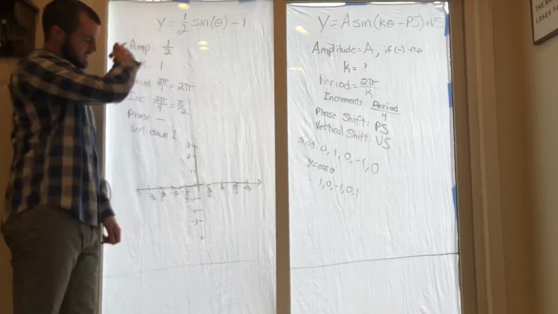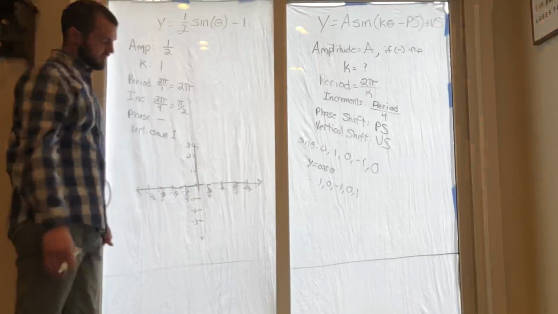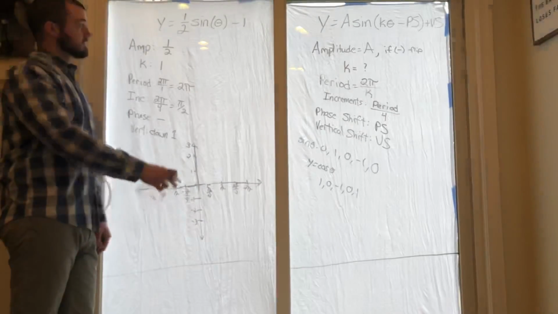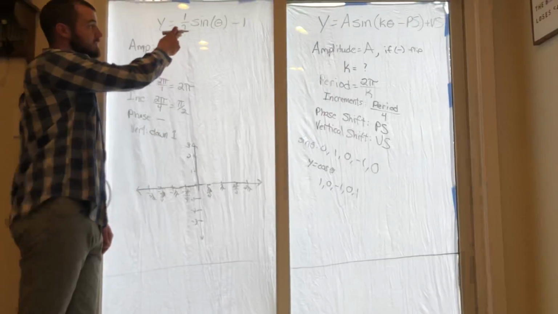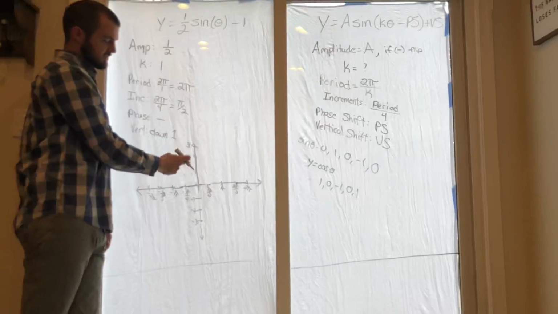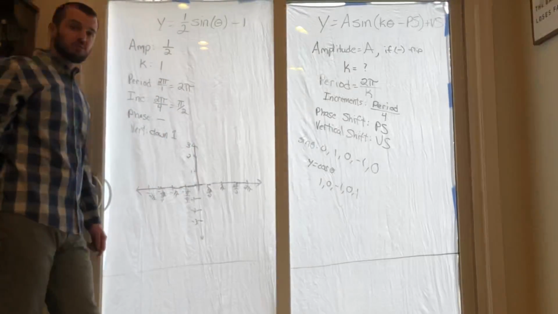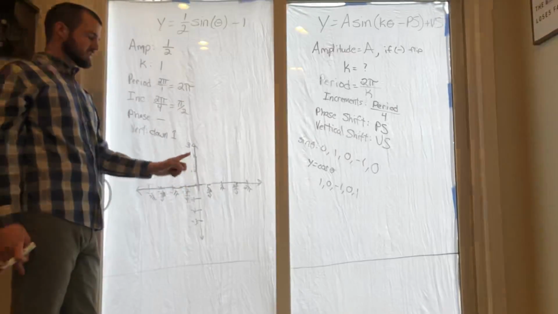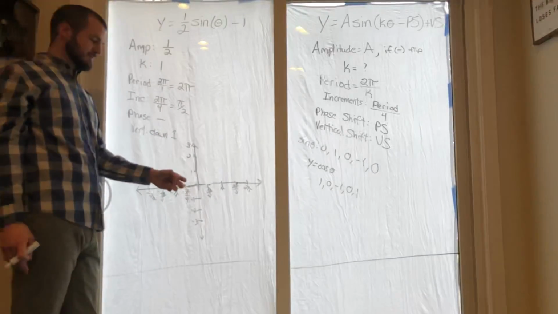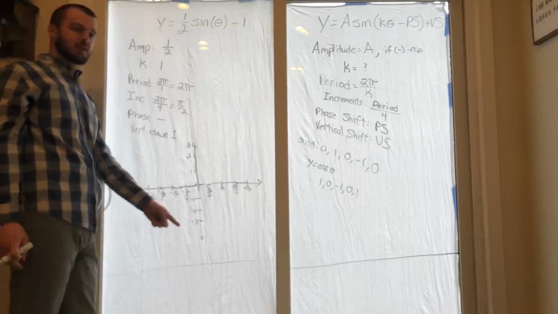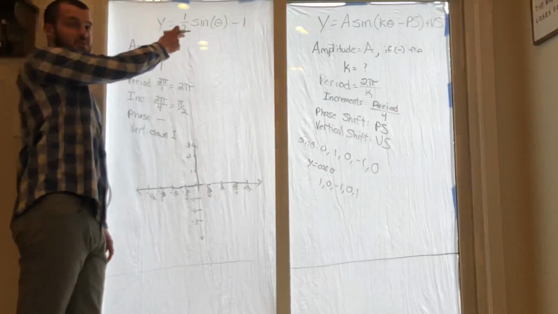Okay, so now that we've got all this, this is all still filled out from before. Here's where you need to get a little bit careful with these, okay? Our amplitude is 1/2. So you can always adjust your y values, right? If your amplitude is really big, like if your amplitude is 6, maybe you want to go 2, 4, 6. You can change this and make it whatever you want based on whatever your amplitude is, okay?